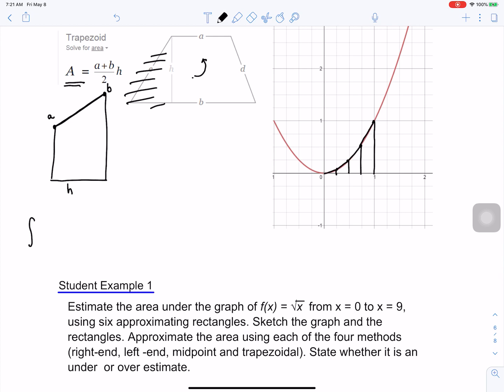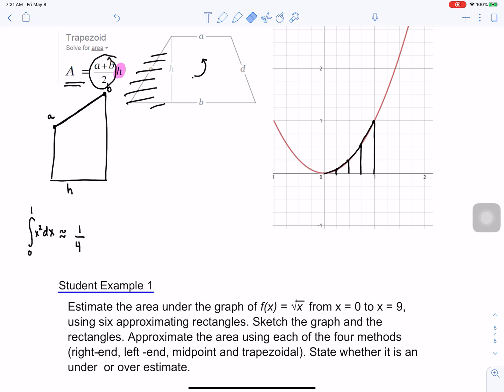So the integral from 0 to 1 of x squared dx is approximately equal to, so the h. You'll notice that this h is going to show up in each trapezoid. So h is going to be 1/4, and I'm going to factor it out. Now I just need to do this part for each trapezoid.